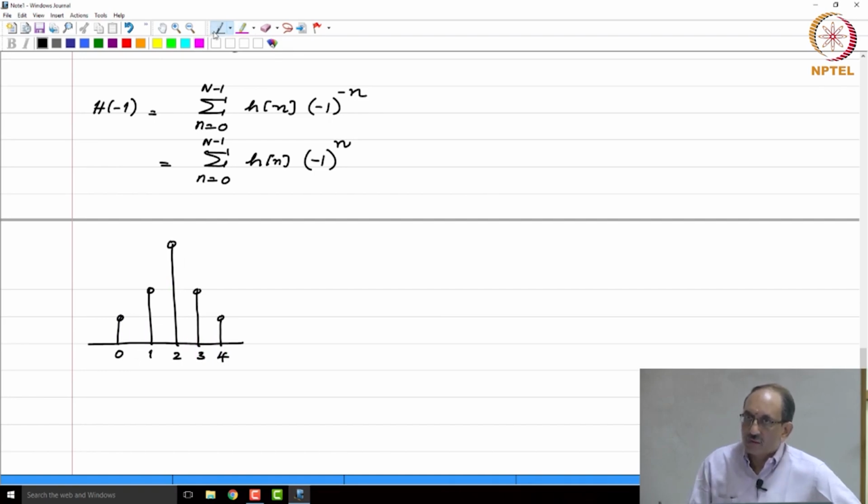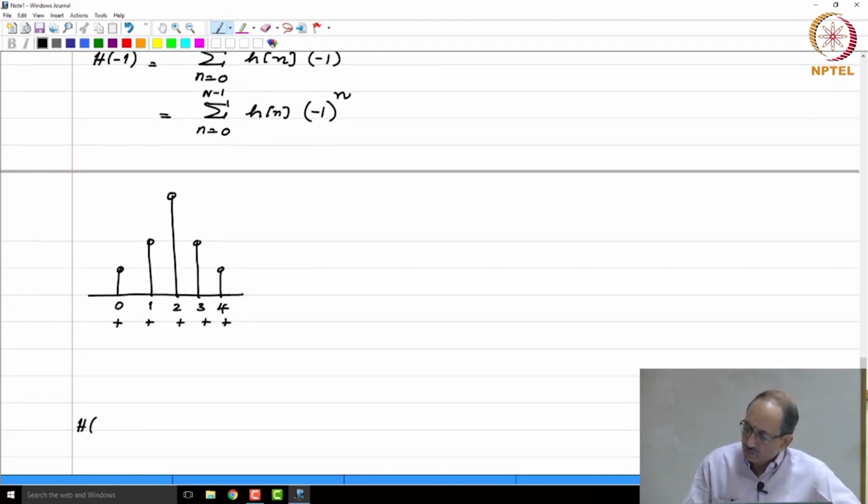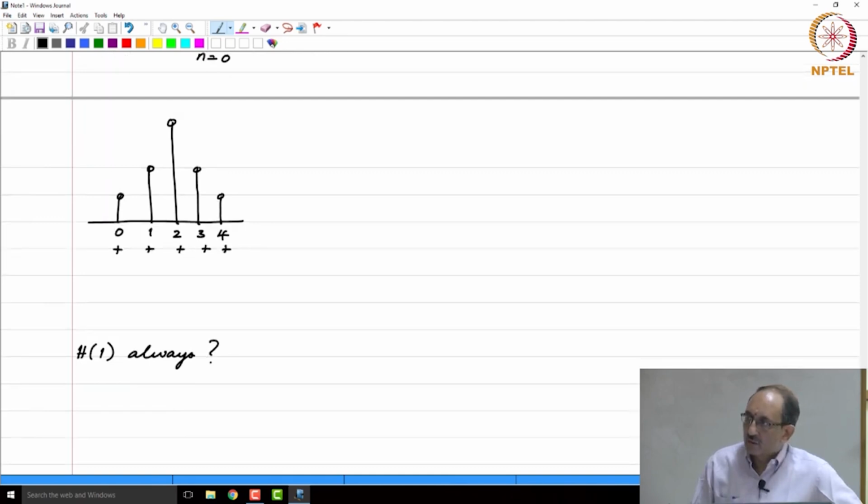Therefore, to look at whether H of 1 is 0 always, you need to sum up all these samples. Therefore, you add up all these things, and then you want to ask this question, is H of 1 0 always, and the other question is, is H of minus 1 zero always.